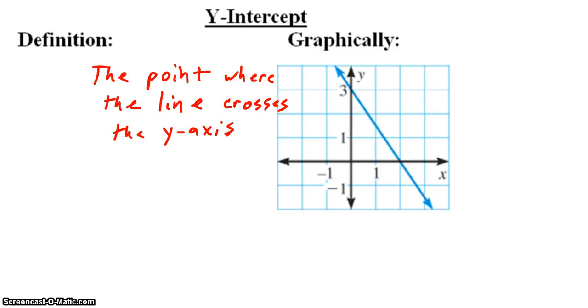So if you look at our example here, you can see this point is where the line crosses the y-axis, and that point is (0, 3). So again, you'll notice that the x value is 0 in all y-intercepts, which will be important when we're finding them algebraically.